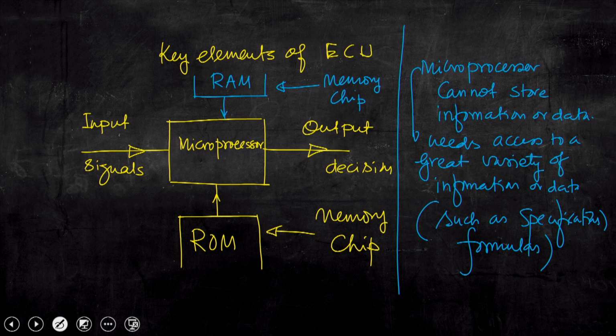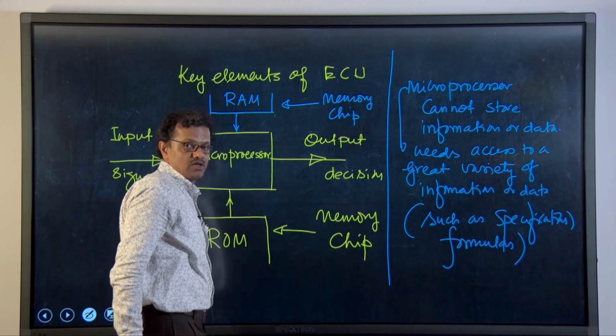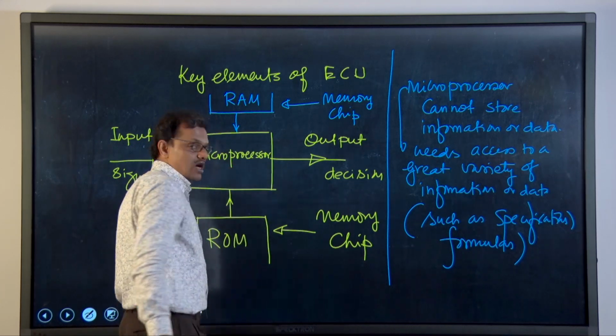So, now what we can see, these information or data are stored in these two memory chips, one is RAM, another is ROM.